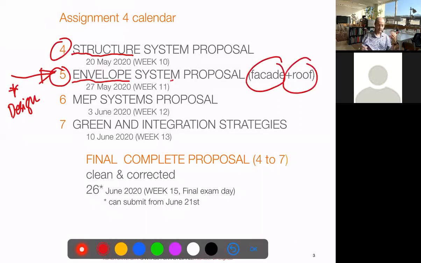Then in the following week, we will have a basic assignment of MEP planning. It will be mostly diagrams. But it is for us to be aware of how those systems can be implemented in the building, and even though they might be cumbersome or large, they can be integrated in the general concept of design.